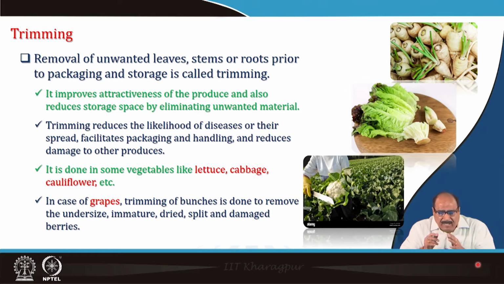Trimming reduces the likelihood of disease or its spread, facilitates packaging and handling, and reduces damage to other products. It is done in some vegetables like lettuce, cabbage, cauliflower, etc. In case of grapes, trimming of bunches is done to remove the undersized, immature, dried, split and damaged berries.